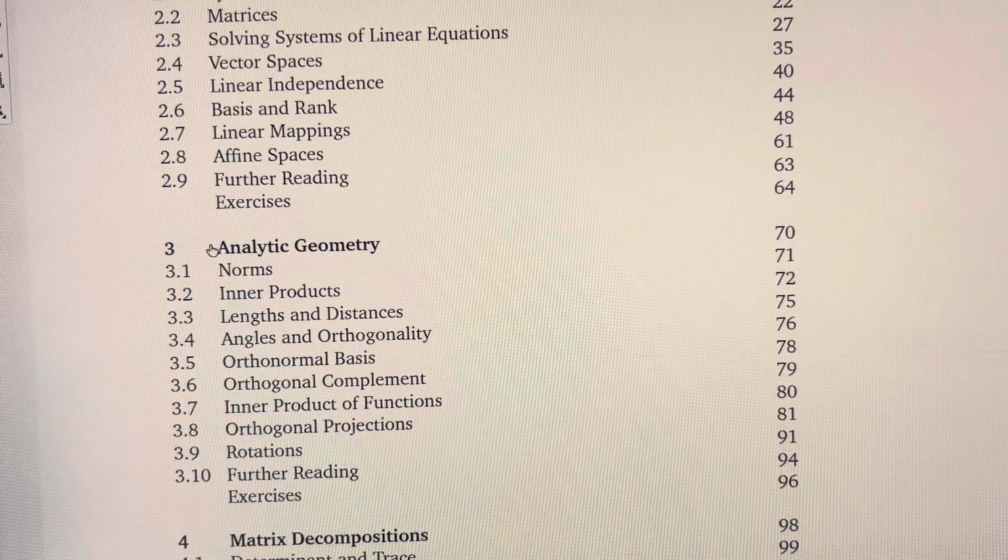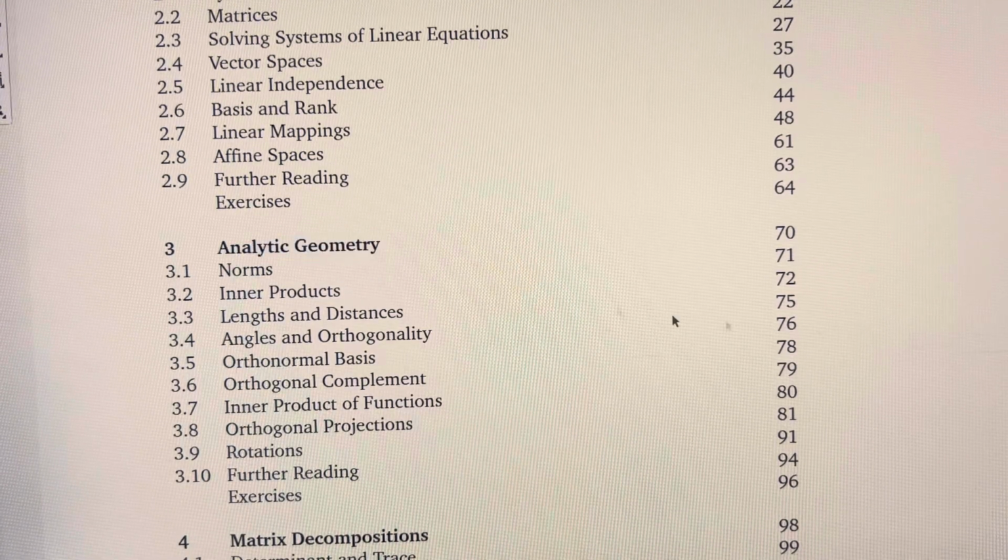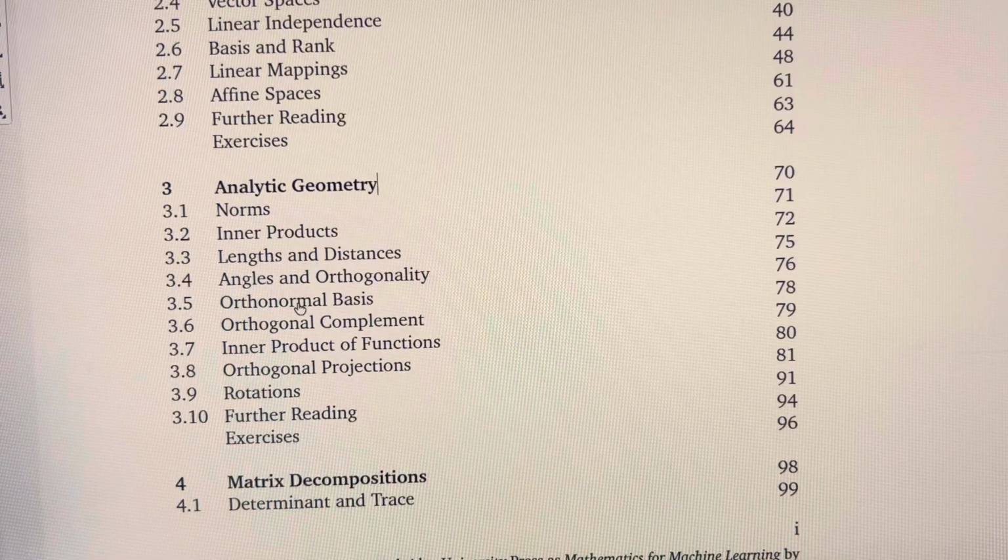The third chapter is analytic geometry, and that's where you go a little bit more into linear algebra, what we learned, and then learn things like orthonormal bases and orthogonal projections and so on.